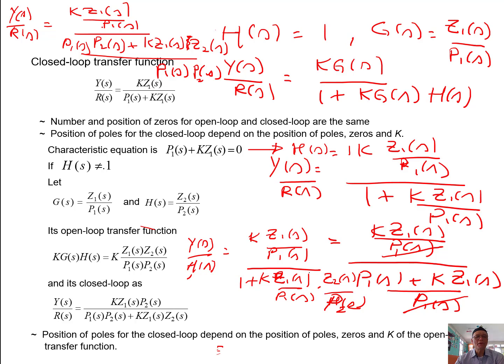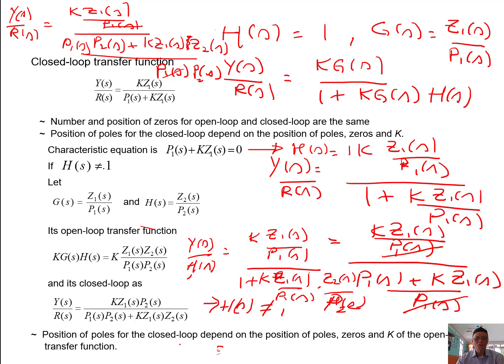So you see that this P1 and this P1 are cancelled, and this one will go up. So that's why you get K Z1 P2(s) over P1 P2 plus K Z1 Z2(s). This is the closed loop transfer function for H(s) not equal to 1, but equal to what was mentioned here.